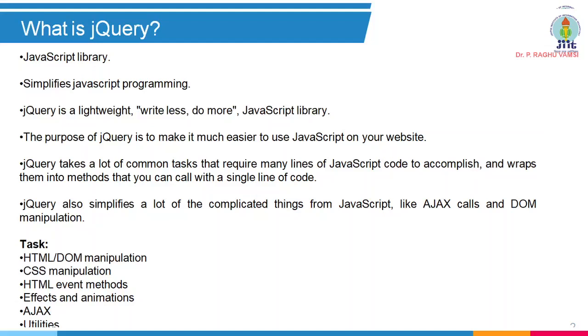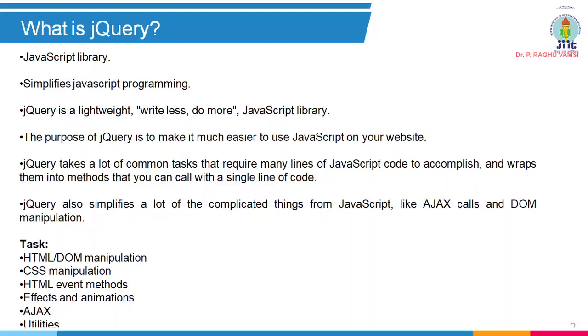What are the tasks that can be performed using jQuery? HTML and DOM manipulation, that is Document Object Model manipulation; cascading style sheet manipulation, that is dynamically changing the property values of the cascading style sheet; HTML event methods can be used with jQuery.